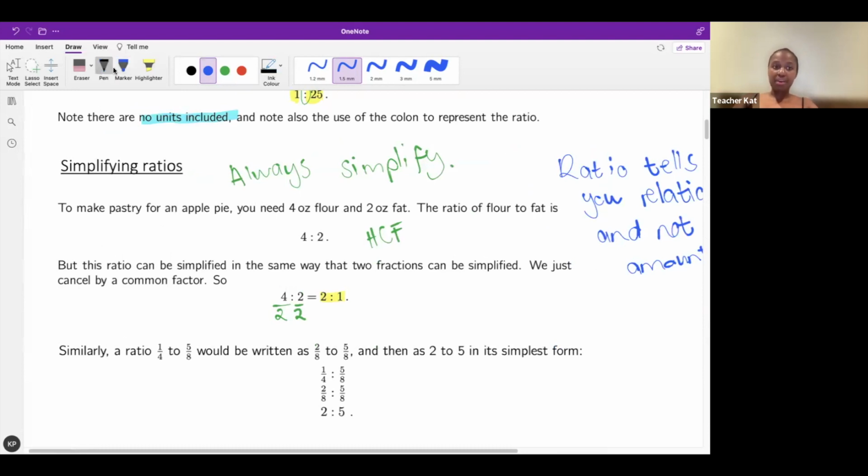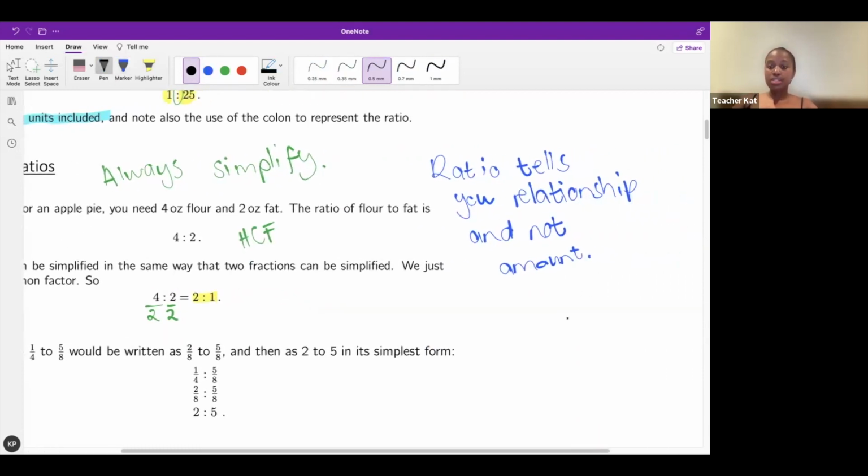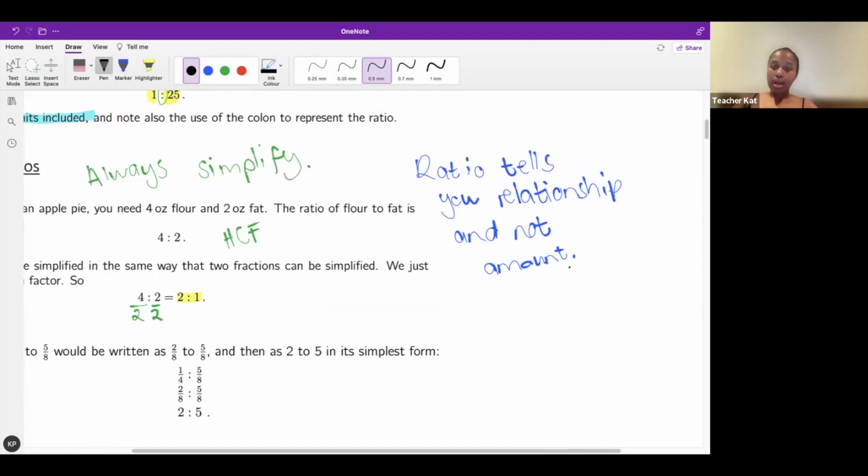For instance, if I say I'm going to share sweets between my brother and I in the ratio 1 to 2, that's my ratio. So 1 is for my brother and the 2 is for me. That means if he has 2 sweets, how many will I have?